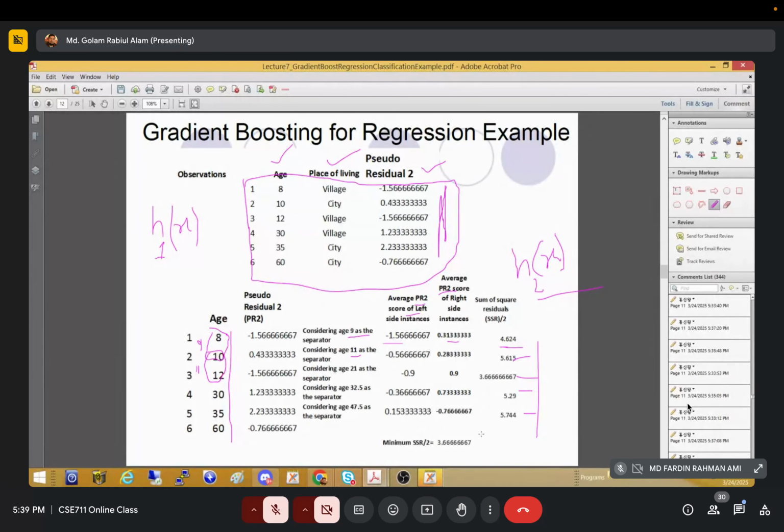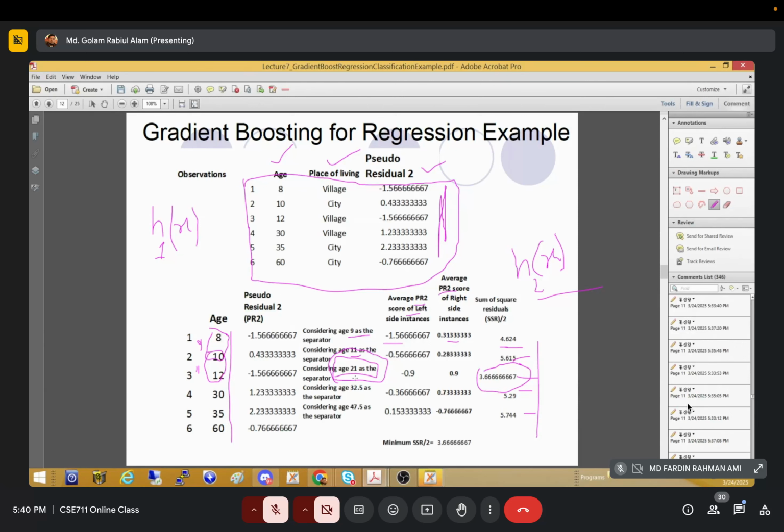The lowest error we can see is 3.66. That is our lowest error, which means if we consider age, then age less than 21 will be the best splitter.